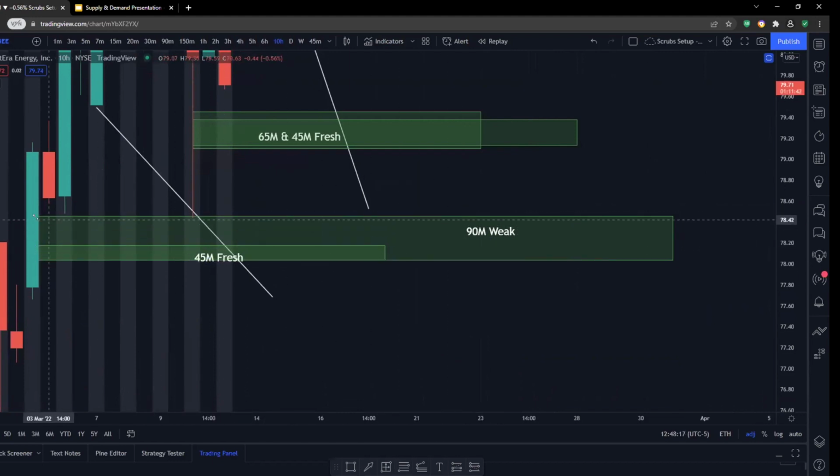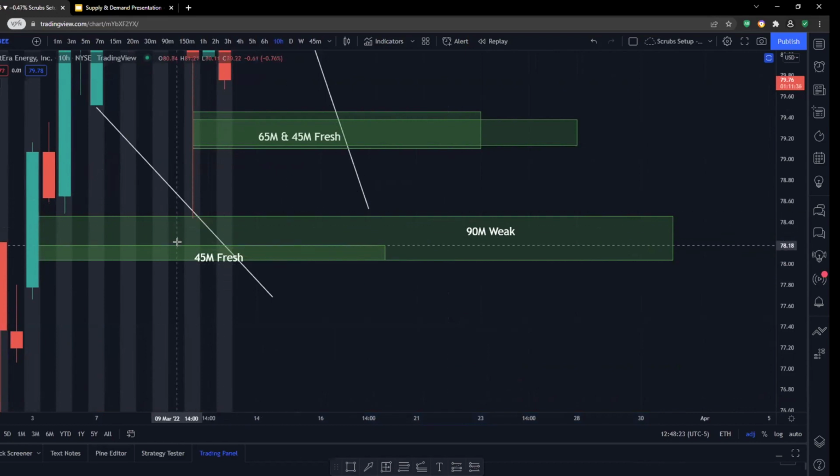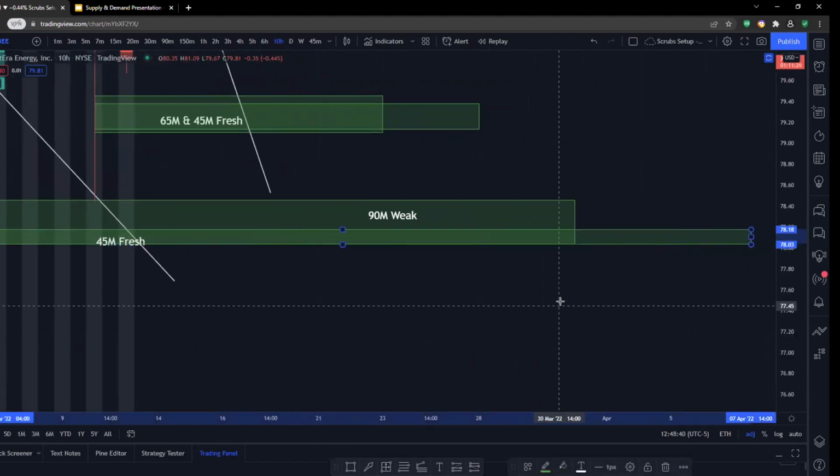So just because this 90-minute right here is weakened and the price action came in right here, there is a 45-minute right below it. So this is still fresh, right? So very important to identify multiple time frames, because the 90-minute I know is going to be weak the next time we come into it, but this 45-minute is still strong and still fresh, right?